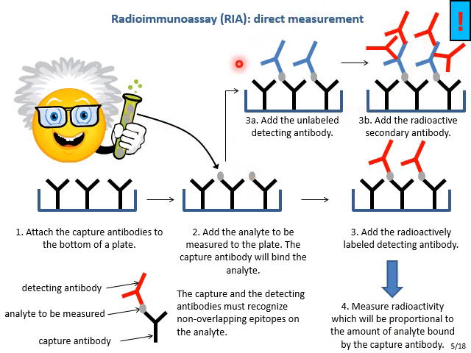And let me come back to this part of the figure for a short time, because I would like to explain to you the principle of the secondary labeling, because that's the name of this procedure.